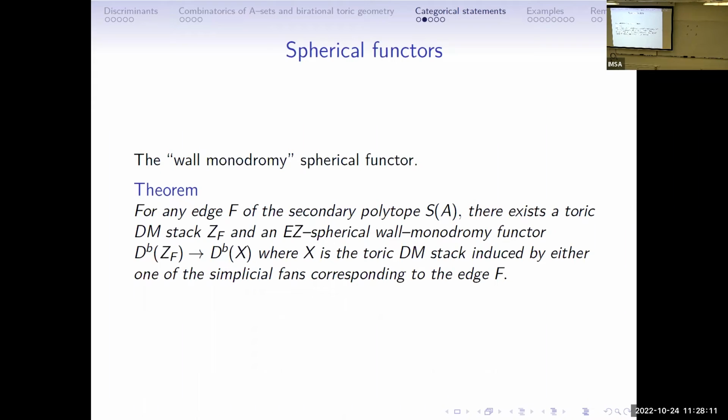So the theorem says that for any edge of the secondary polytope, there exists a toric stack and an associated spherical functor, where X is the ambient toric stack, and Z_F is the category defined by the combinatorics.